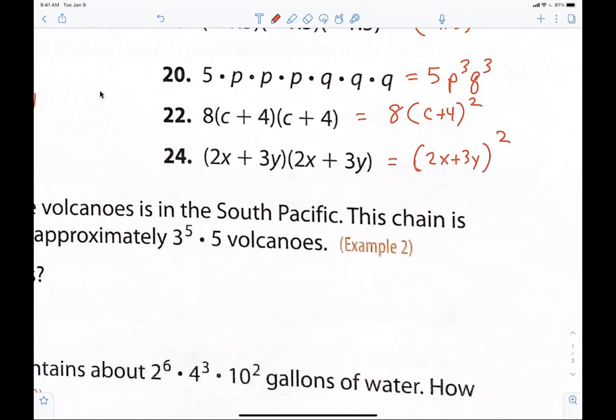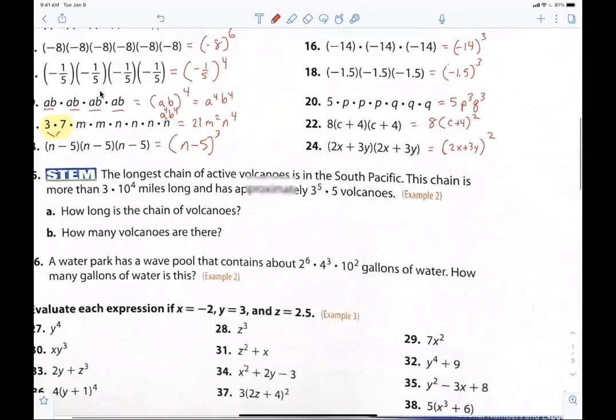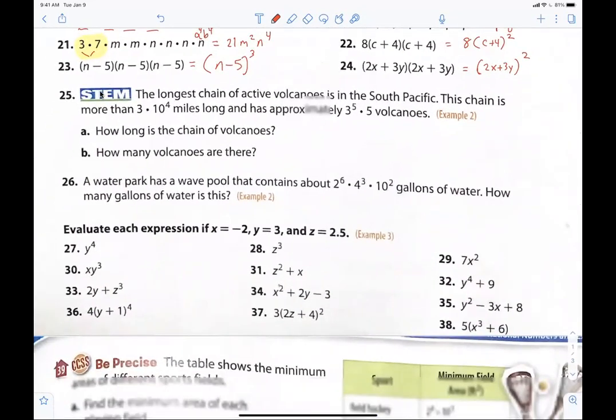All right, now we've got a couple of word problems I want to talk about. I'm going to let Sophia read number 25. The longest chain of active volcanoes is in the South Pacific. This chain is more than 3 times 10 to the 4th power miles long and has approximately 3 to the 5th power times 5 volcanoes. Okay, so how long is the chain?